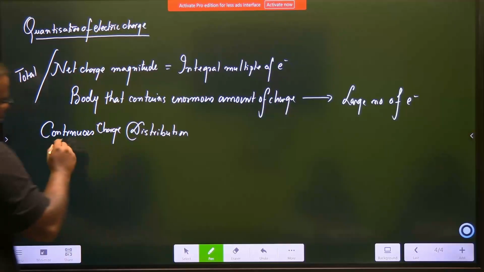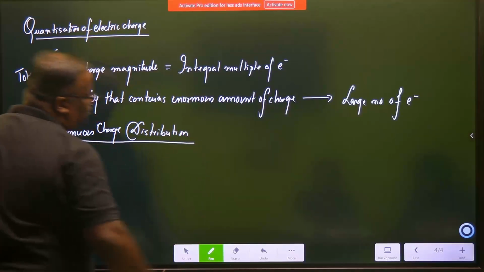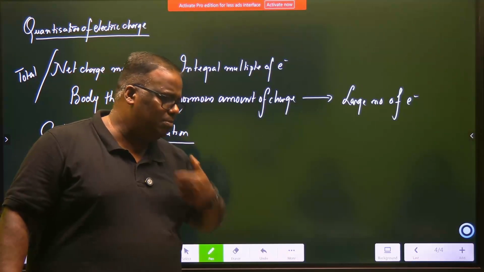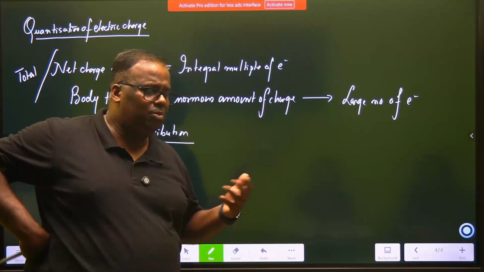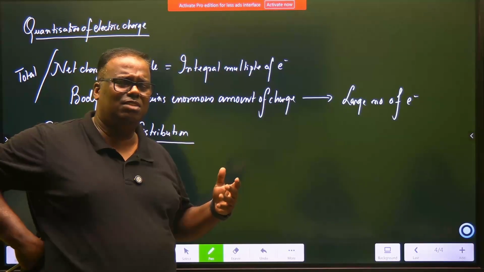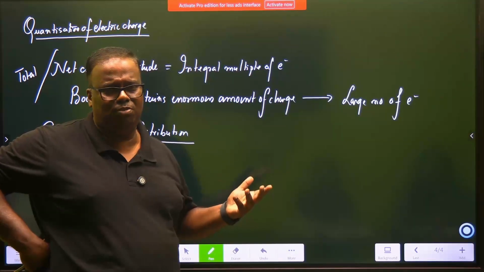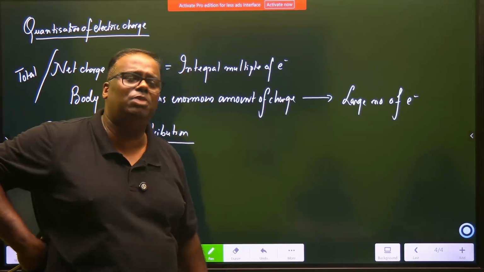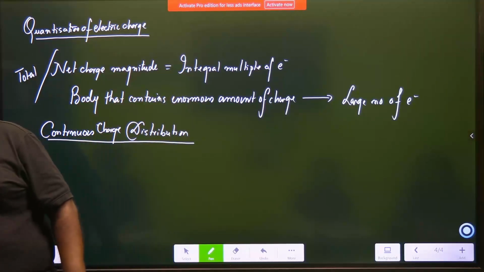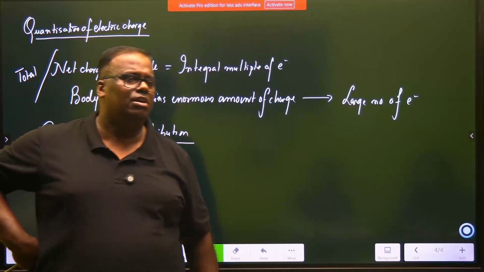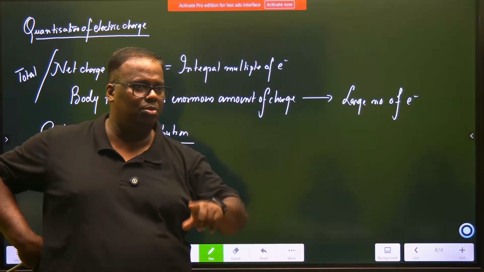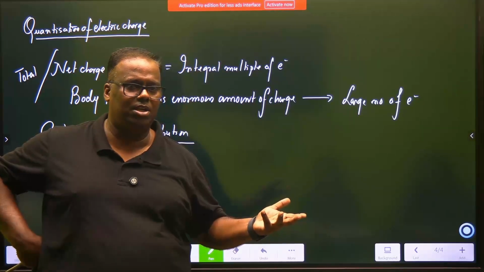Continuous charge distribution. So in continuous charge distribution, it doesn't make any sense for Hyderabad, which is very populated nowadays, to know the total population. If you just tell me the population density, say 400 people per square kilometer, meaning in 1 kilometer by 1 kilometer square, how many people are inhabiting that place? 400.